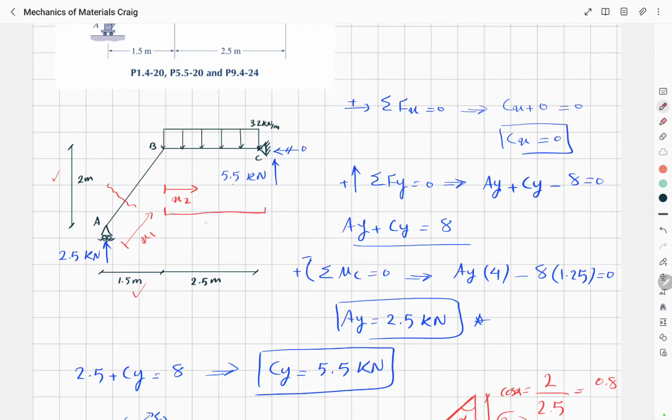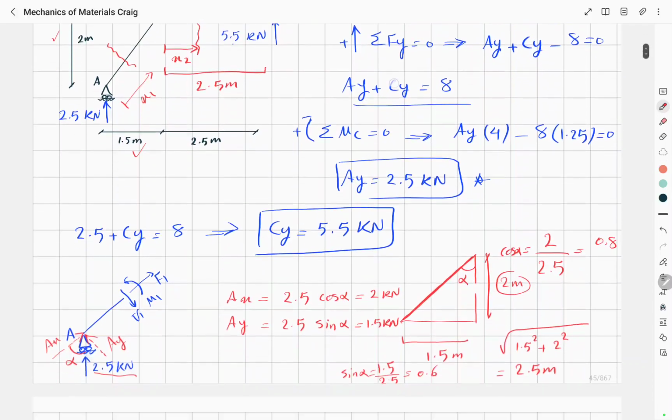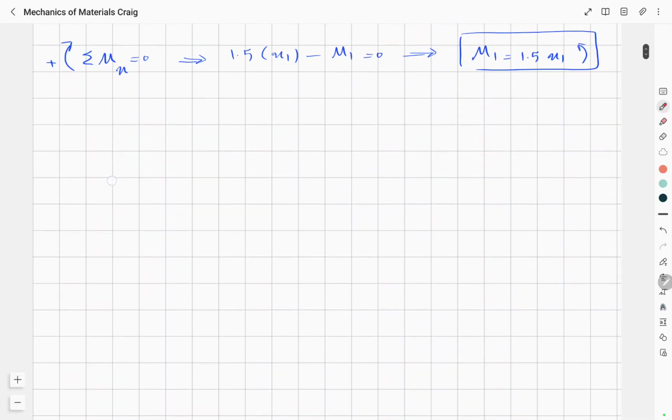This is 2.5 meters. So this length would be 2.5 minus x2. And we have 2.5 minus x2. This is V2, this is F2, and this is M2.